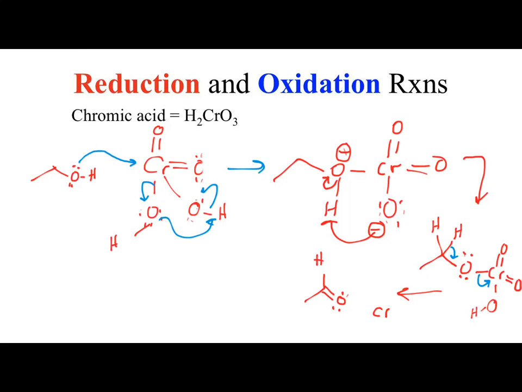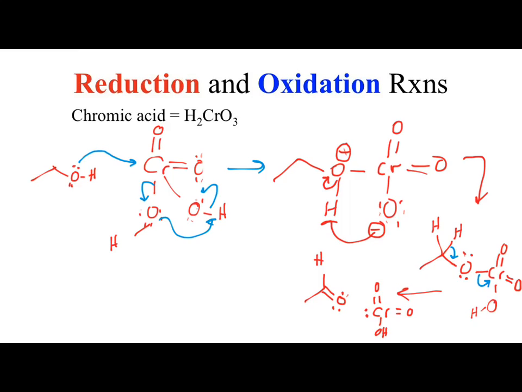And our chromium picked up a pair of electrons. Okay. So what we've ended up doing is shuttling electrons back and forth between these atoms. That chromium acts as an intermediary to shuttle the electrons.